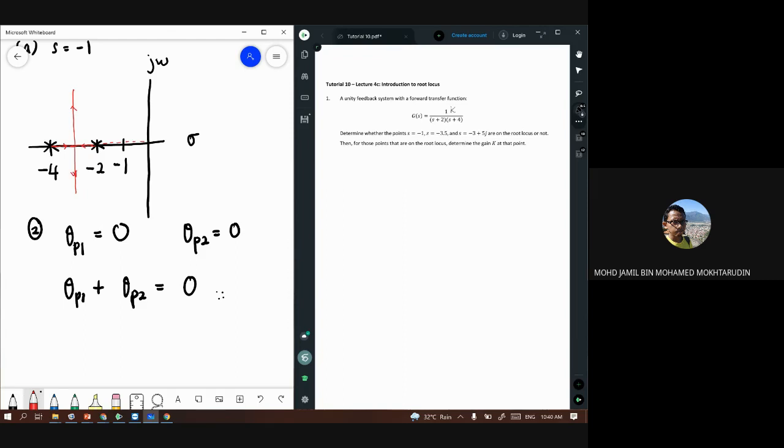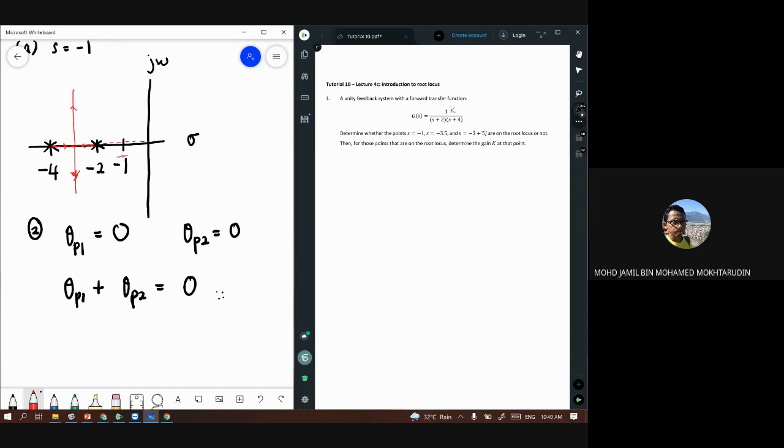Okay, so it will start at -4 and at -2, going to a center, and then one of them going up, one of them going down. So the shape should be the red colored line here, and it doesn't cross -1.